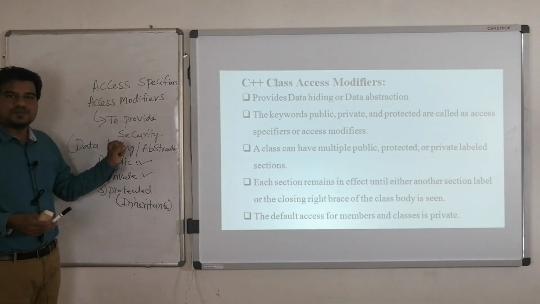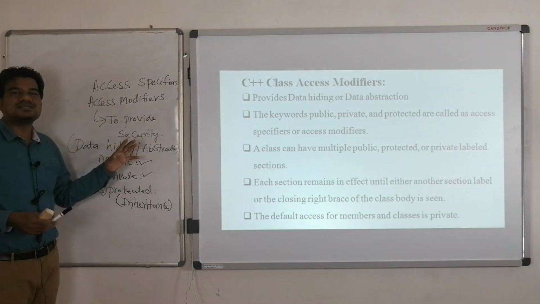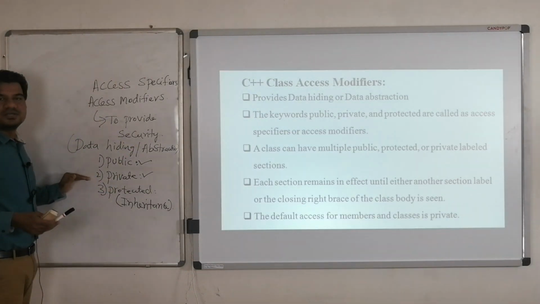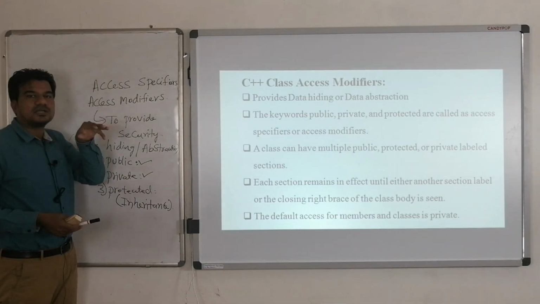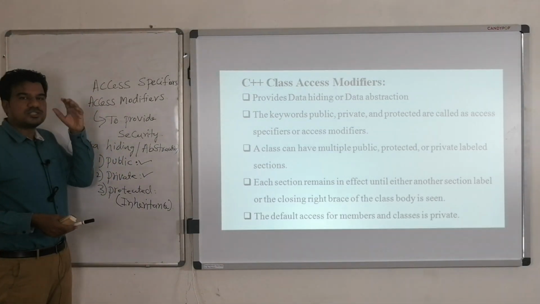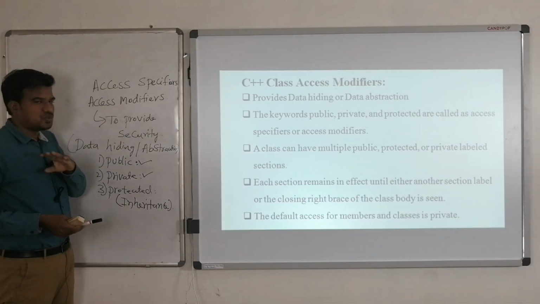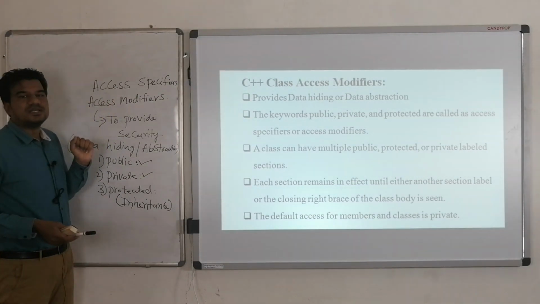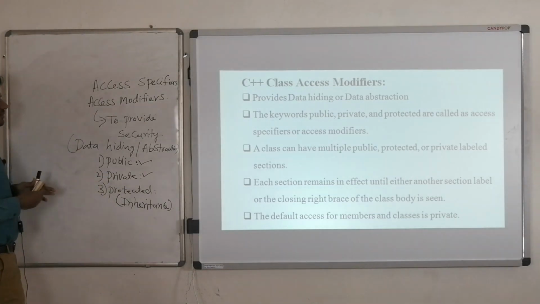If you are not specifying any access modifier in your class, then by default the access modifier will be private. Let us assume that I am writing a class, in that I'm keeping some data members and I'm not specifying any access modifiers to those data members. So by default they will be considered as private.